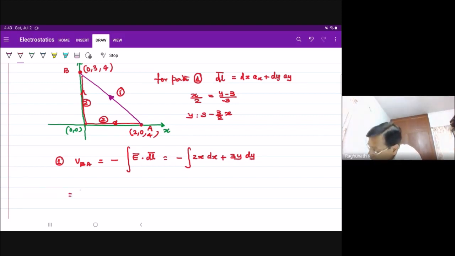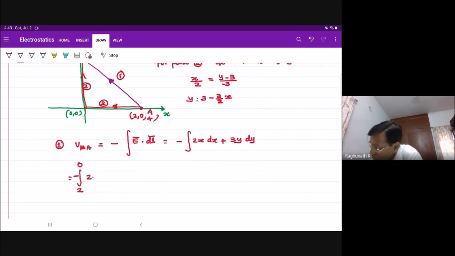Then the integral is from x equal to 2 to 0 of 2x dx plus 3y dy, where y is 3 minus 3 by 2 x. So dy is equal to minus 3 by 2 dx. This is f of x, y is equal to f of x.